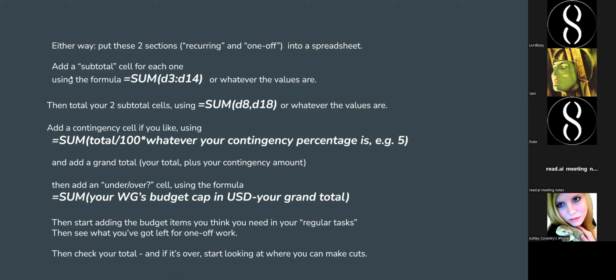Basically, what you're doing is you're creating those two sections, having a subtotal for each one, totaling your two subtotals, adding a cell for contingency if you want to use a contingency, and that'll give you a grand total. And then you're having an under/over cell, which is basically your workgroup's budget cap minus your total, so you can see how much you've got left.